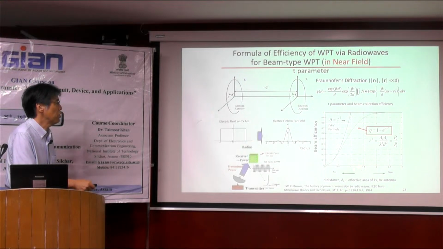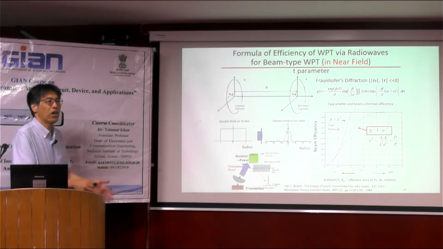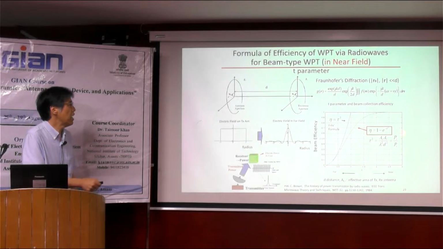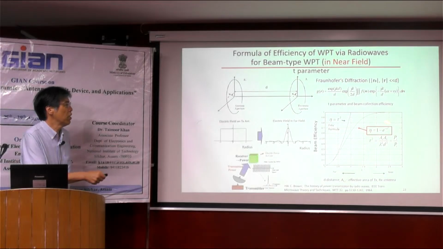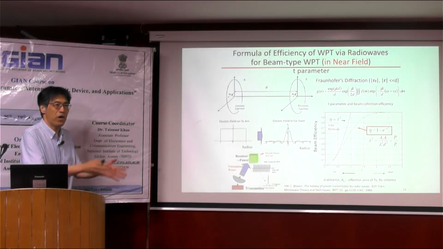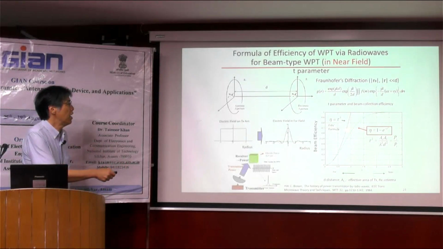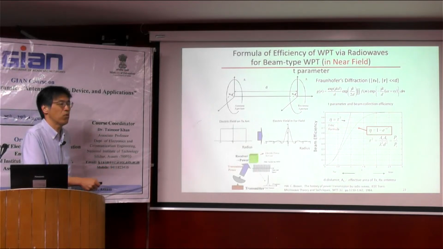And if tau is small, it means a very far distance. When we put the receiver at a very far distance, in the far field, there is no difference between the original Friis transmission formula and the exact Friis transmission formula. But the efficiency is very poor. When we put the receiver at a very short distance, by the Friis transmission formula only, unfortunately, the efficiency goes over 100%.